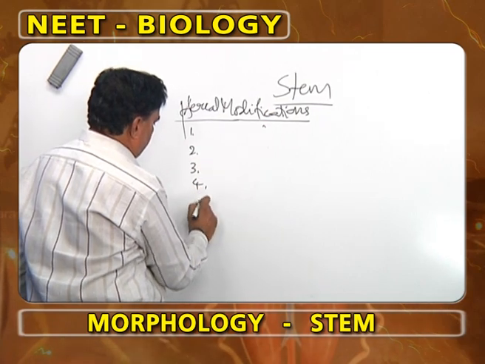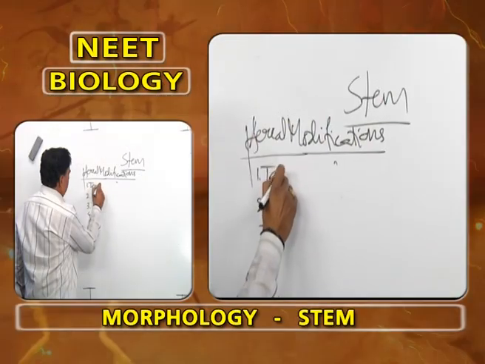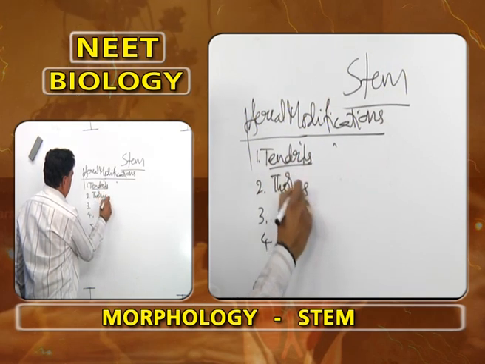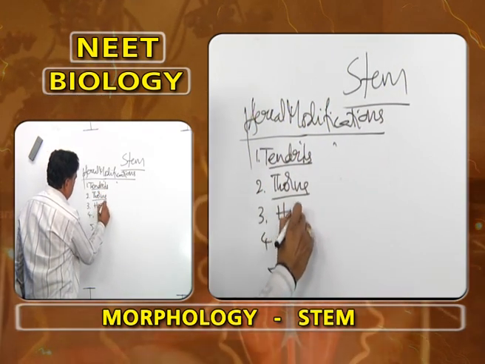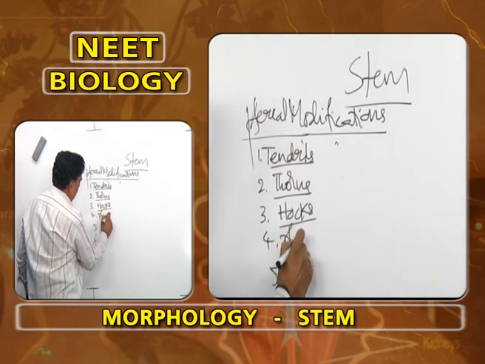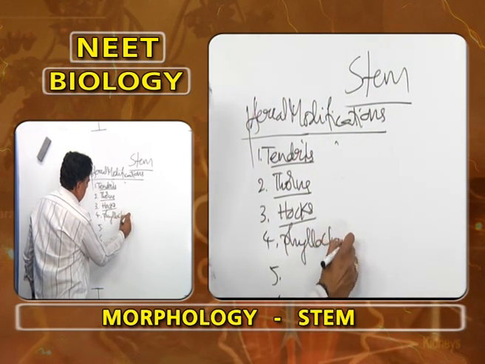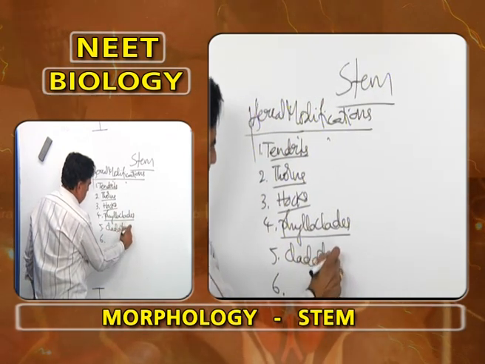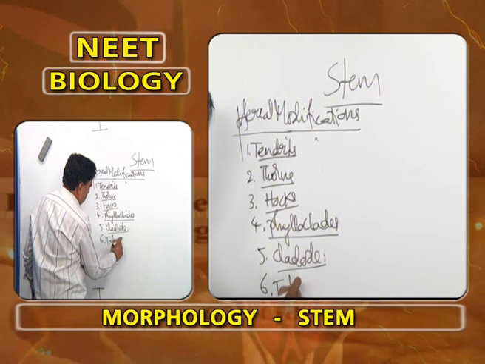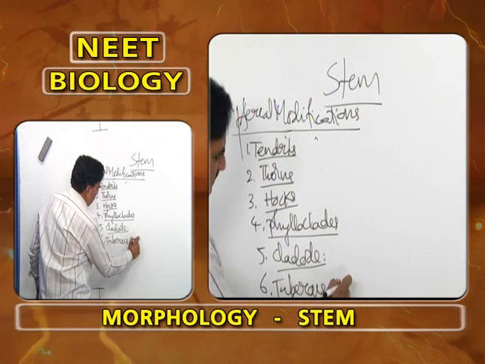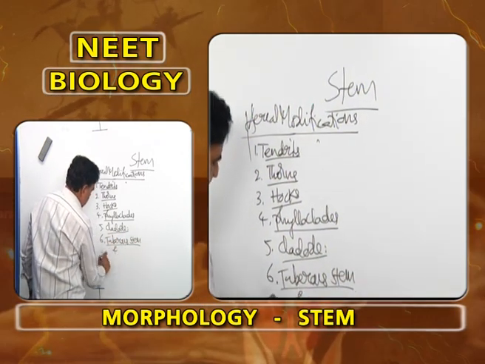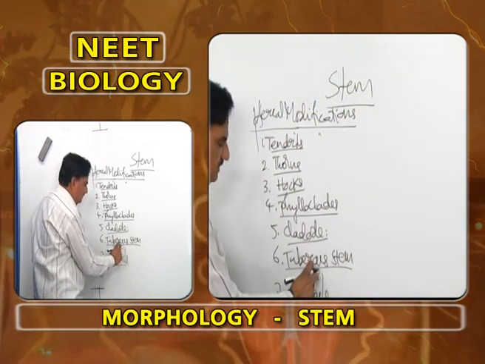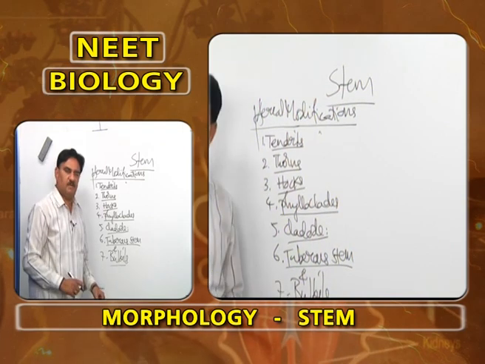They are broadly classified into different types: one is tendrils, the other is thorns, the third is hooks, the fourth is phylloclade, the fifth is cladode, the sixth is tuberous stem, and the last is bulbil. These are 7 different types of aerial stem modification.